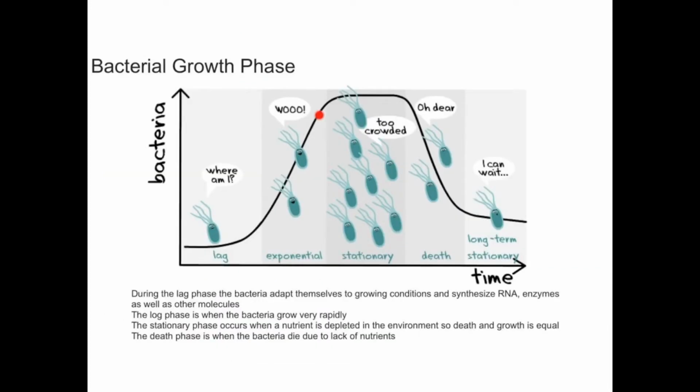Here you can also see the bacterial growth phase, from the lag phase followed by exponential, stationary, until death and long-term stationary phase. You can discuss this graphic with your teacher in your class.